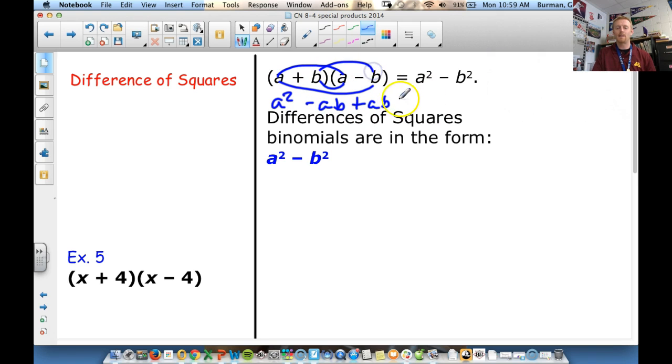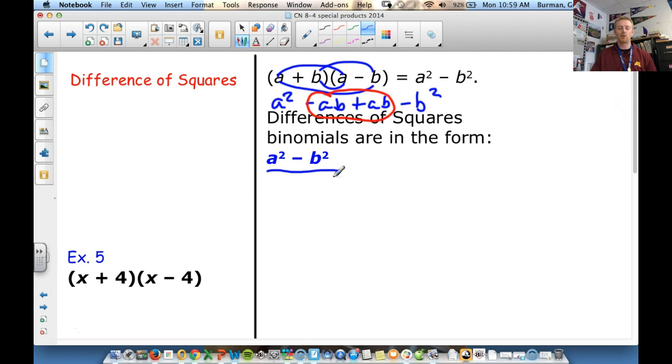And then my lasts, I get a plus b squared. Now because my two inside things, one's positive and one's negative, those terms are going to cancel. So then we are, oopsie, this was a negative. I made a mistake. This was a negative b squared. So you can see after things had canceled that we're left with just a squared minus b squared.